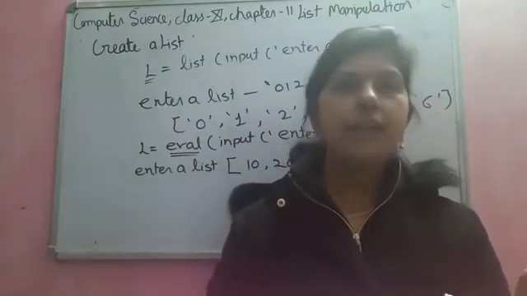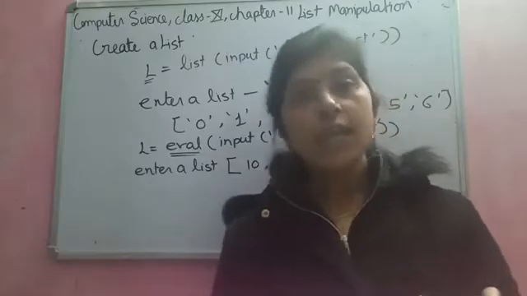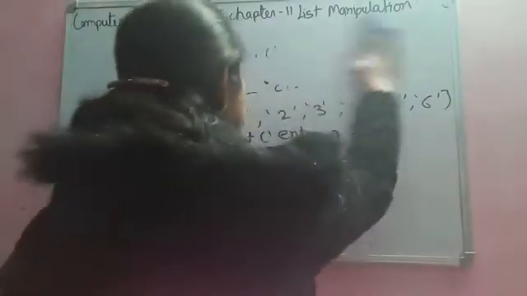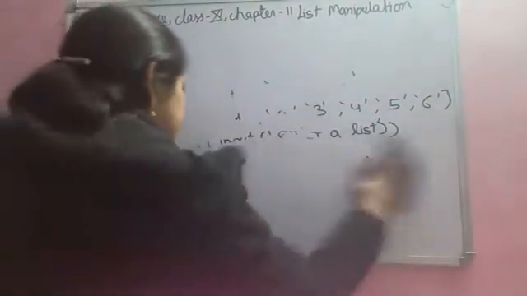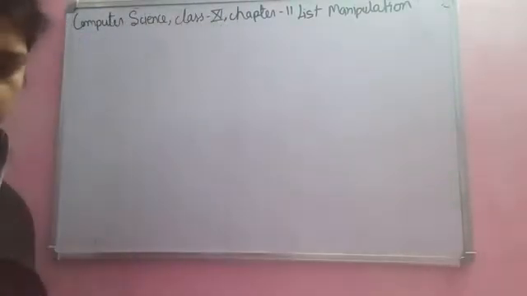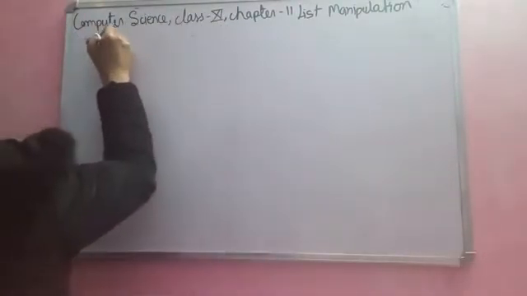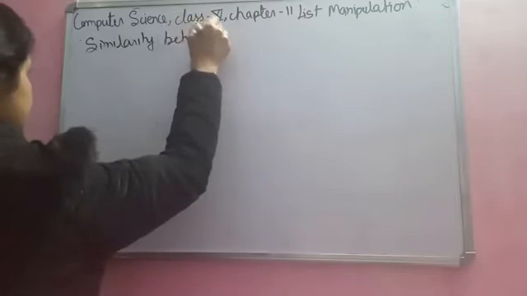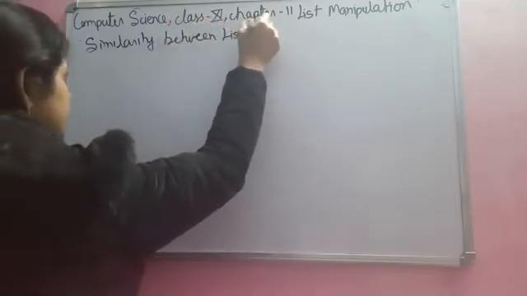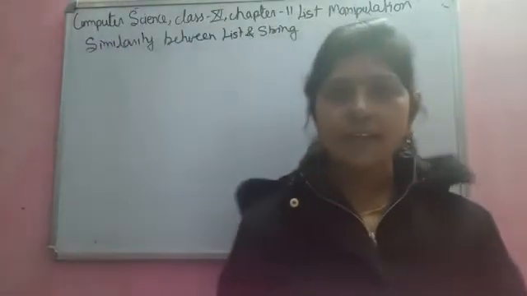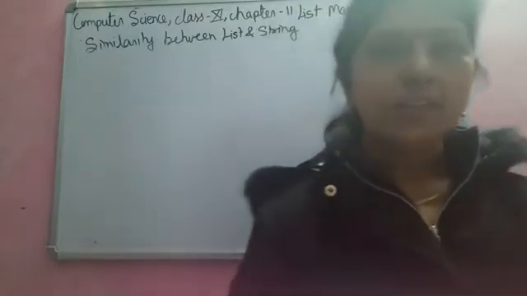Now what are the similarity between the list and the string? What is the string? Sequence of character. List, also a sequence, right?